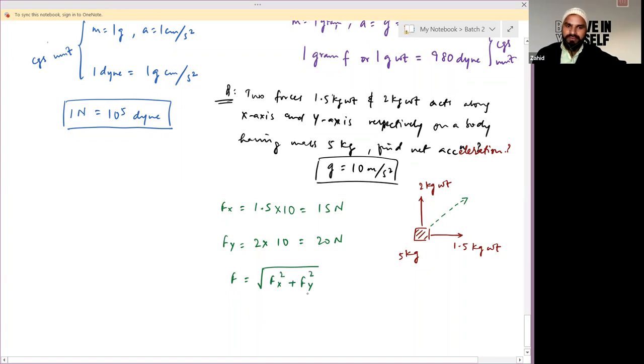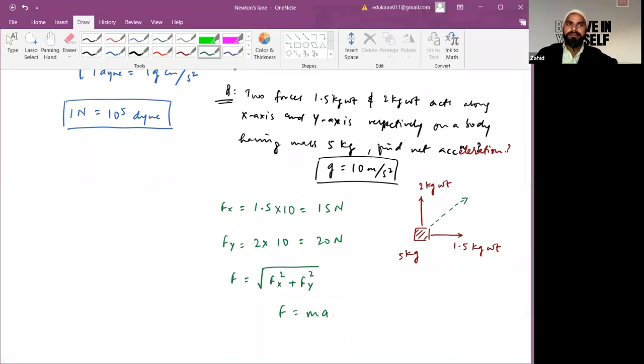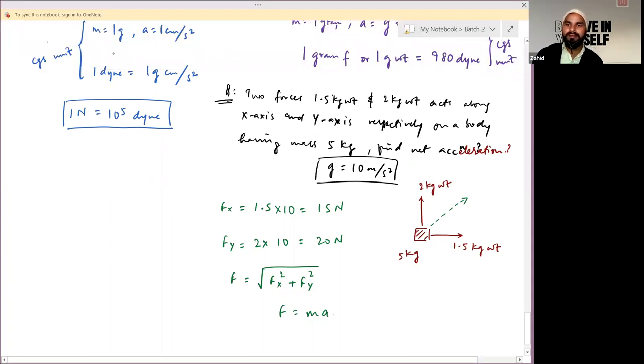Just put the value of Fx and Fy, you will get F or resultant force. Now using the second law, F equals mass times acceleration, you will get the value of net acceleration. Is it clear? Yes. Okay, try to solve.